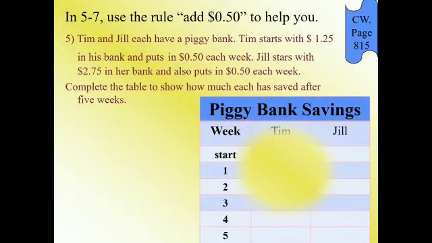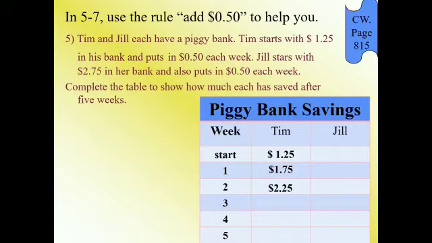Here you have a table which shows the savings of Tim and Jill. Tim starts with $1.25 and puts in half a dollar each week, which means we add half a dollar each week. For the first week it becomes 1.75. For the second week I add another half a dollar, so it becomes 2.25.